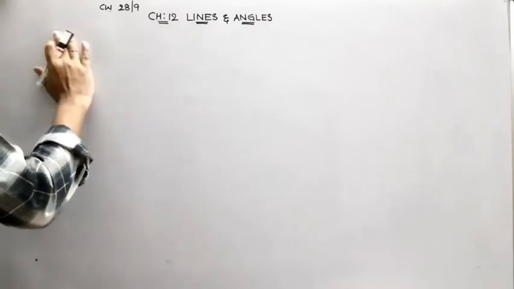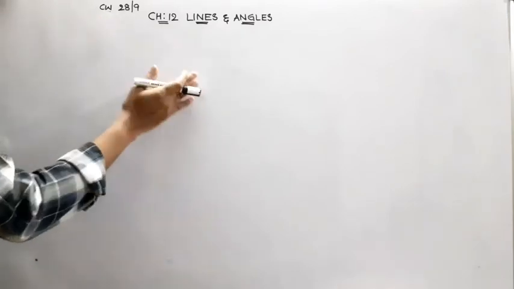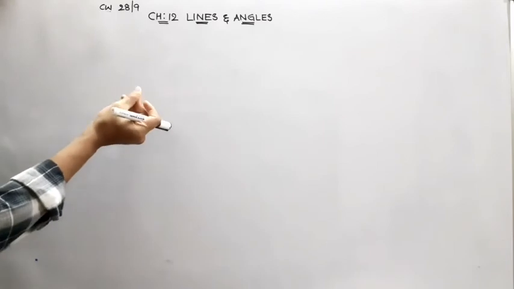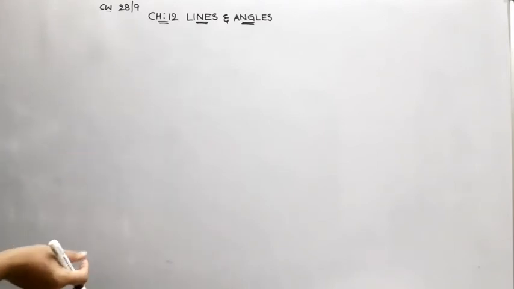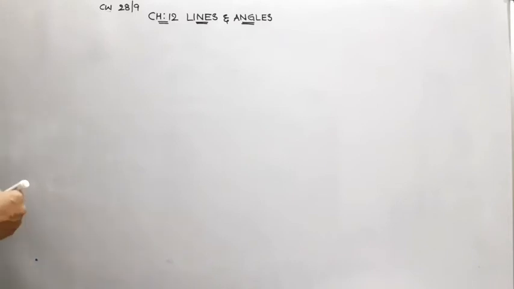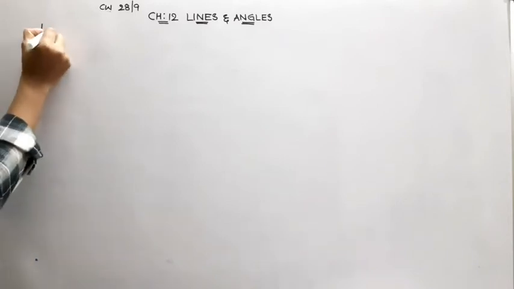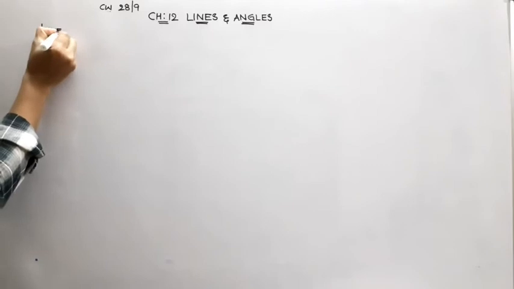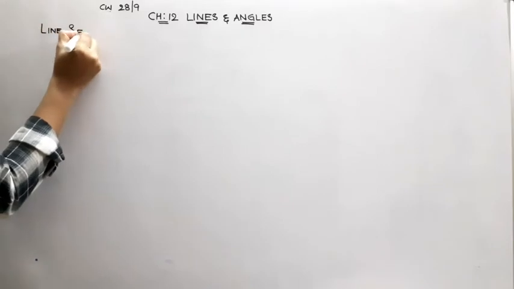So first look at the board. Don't copy anything of this into your CW. I will give you a document which is to be copied. Today we are going to discuss the concepts of line segment. What exactly is a line segment?